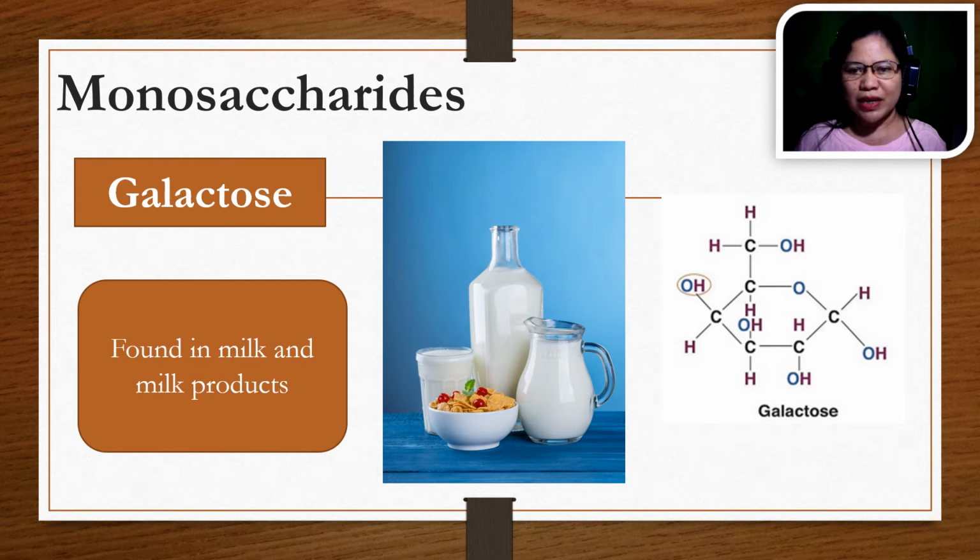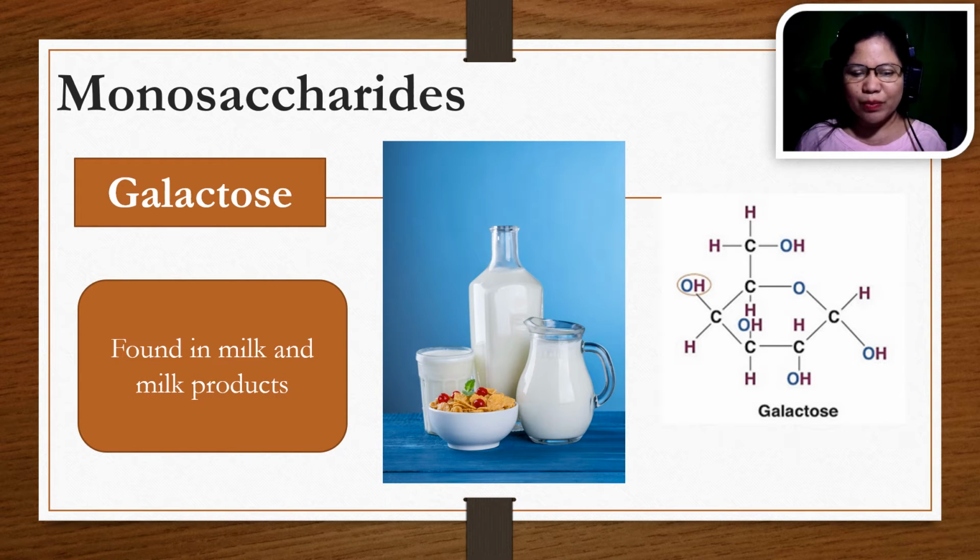As you can see, there is also a bond between the hydrogen and the OH hydroxide, and then you have there the carbon. So the main components of this compound are carbon, hydrogen, and oxygen.